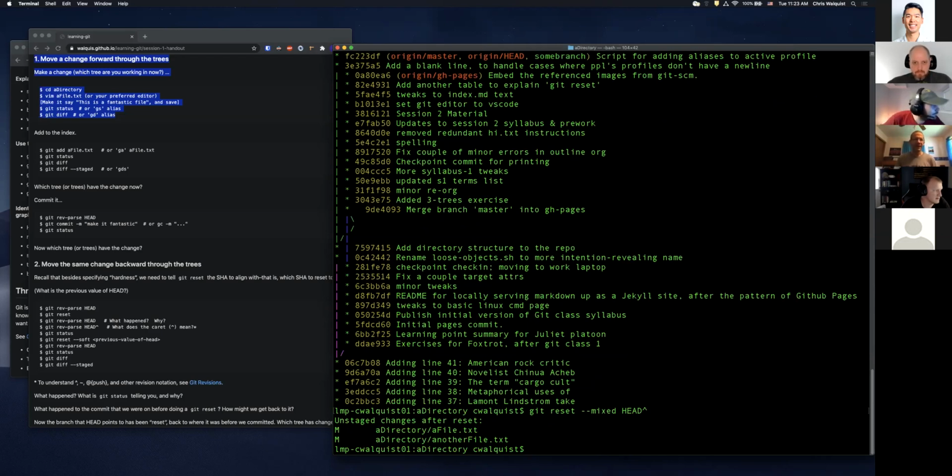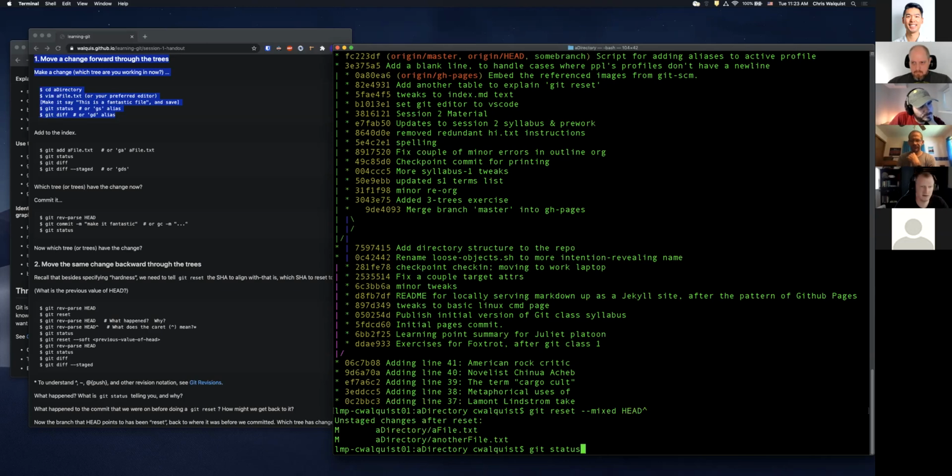So what do I get now if I type git status? I should see some files that are ready to be staged but aren't staged yet. Okay. Will I see any untracked files?